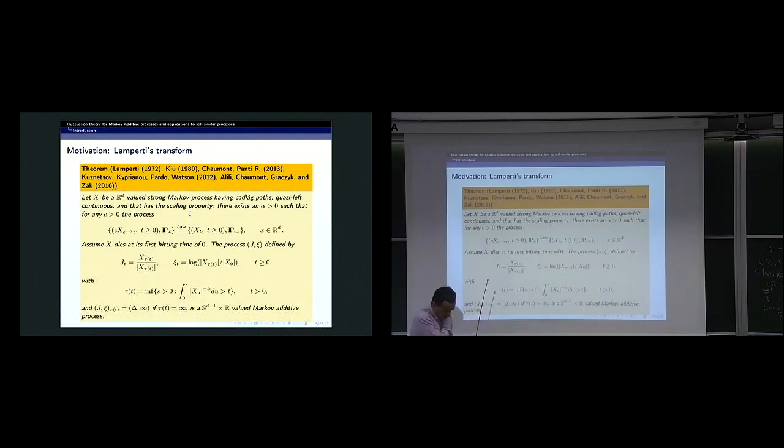If you think of a stable process, it will be moving in some direction that depends on the angle, isn't it? The jumps will depend on the angle of the process.